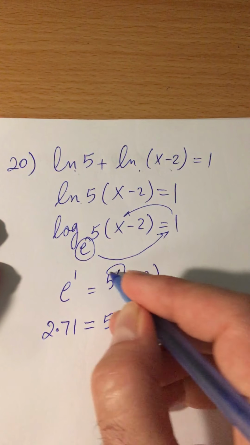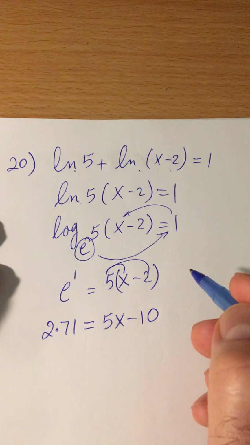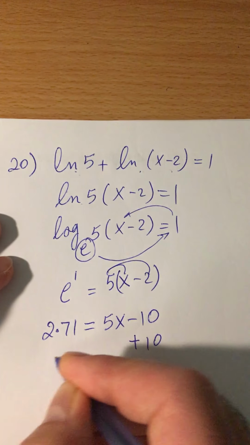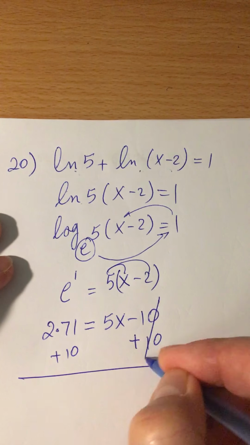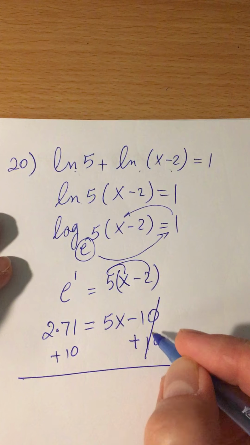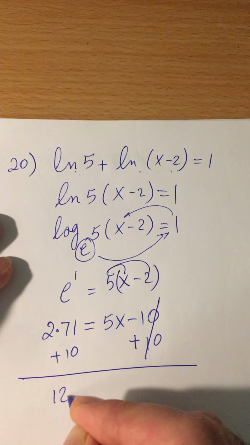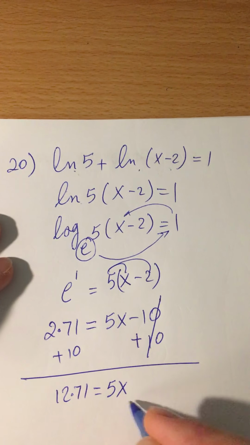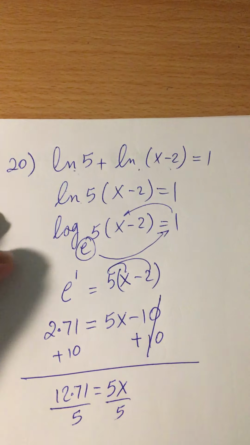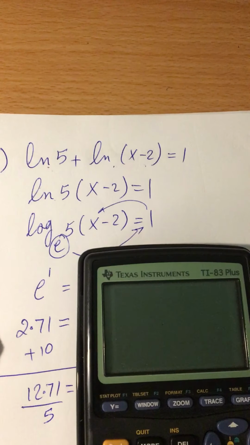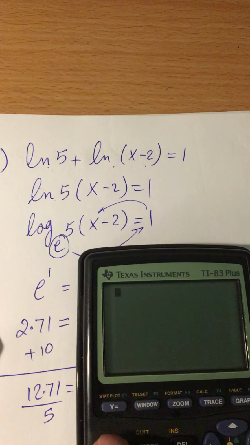I'm distributing the 5. Can I solve for x? Yes. So I'm going to add 10 to both sides, and I get 12.71 equals 5x. And I divide by 5. And this is when I use my calculator. Let's be a little bit more precise.